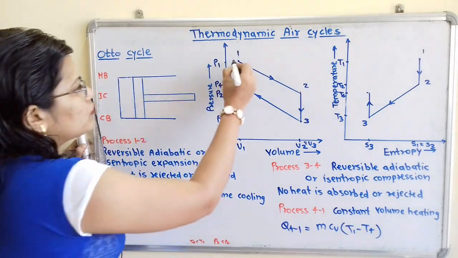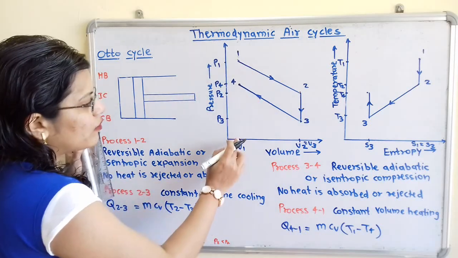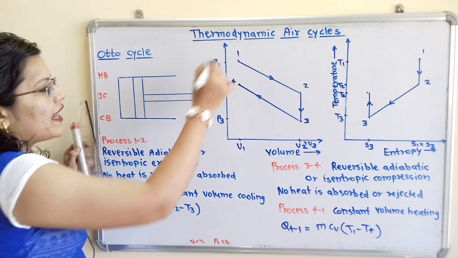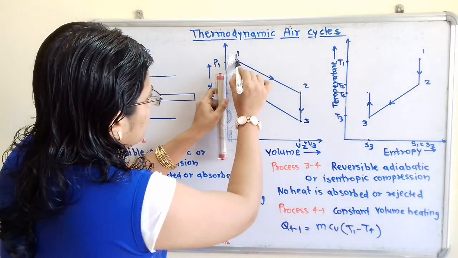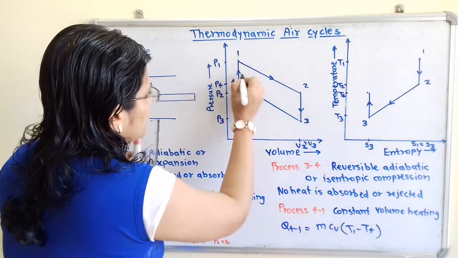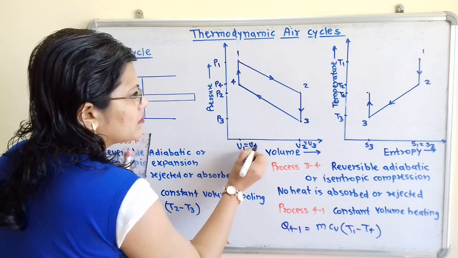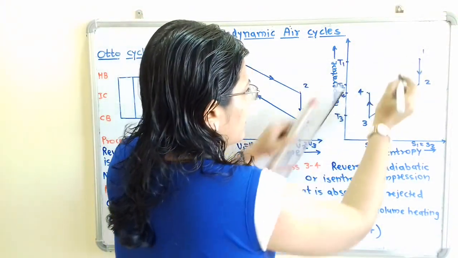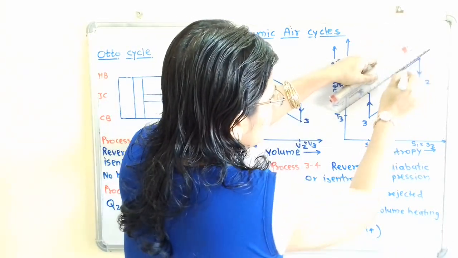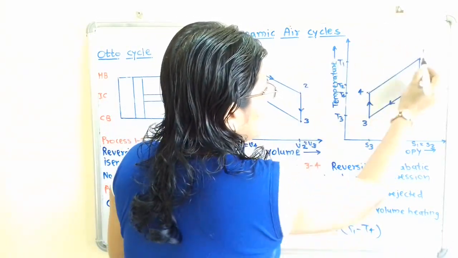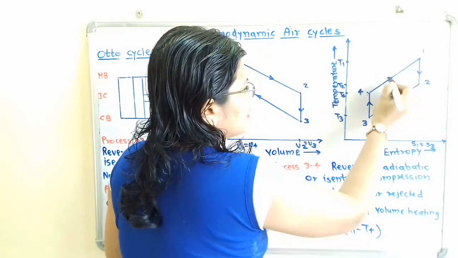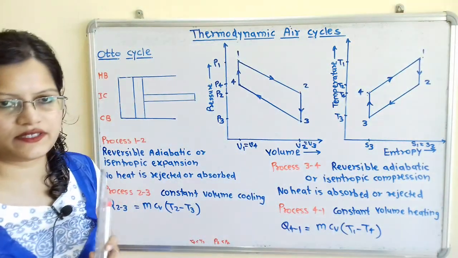When we join these two points, 4 to 1, we have to draw a straight vertical line, because V1 is equal to V4 and there should be an increase in pressure. Here also we will join 4 and 1. If we observe, entropy is getting increased, then temperature is also getting increased. That means all the conditions are getting satisfied.